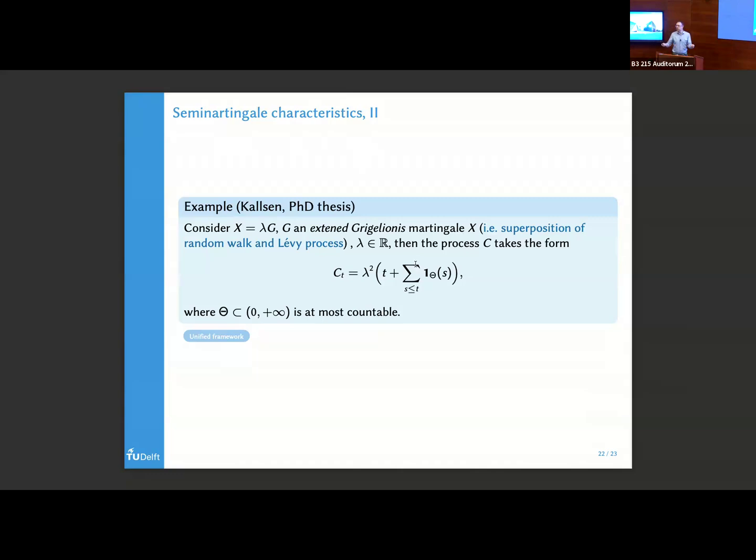This is basically a superposition of a Levy process with a random walk. And the whole characterization is basically telling you that the rate of increase is Lebesgue measure plus the times at which the random walk is jumping. Okay, so this is a nice framework where you can describe everything in one go.